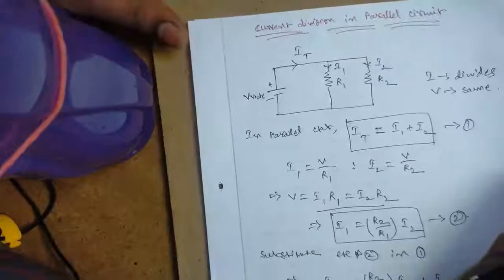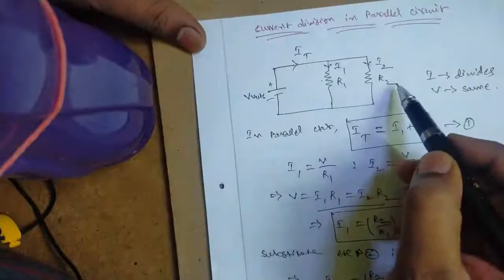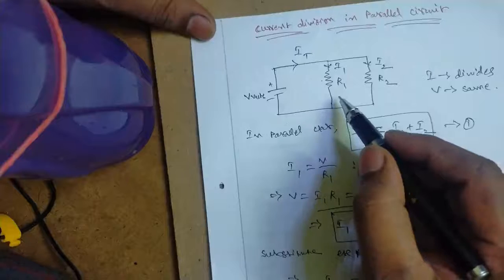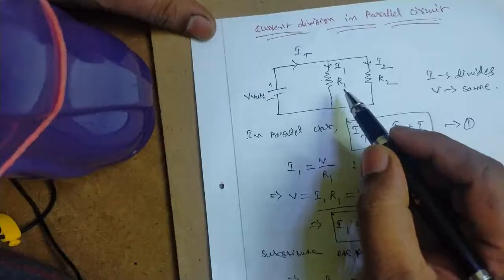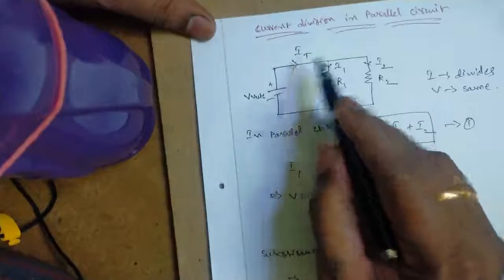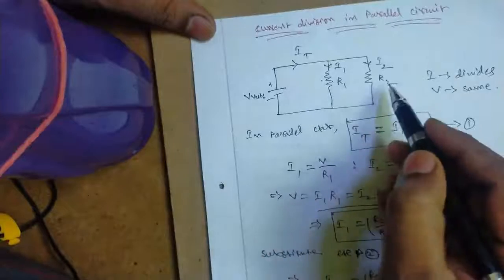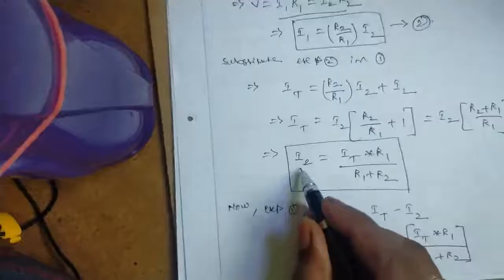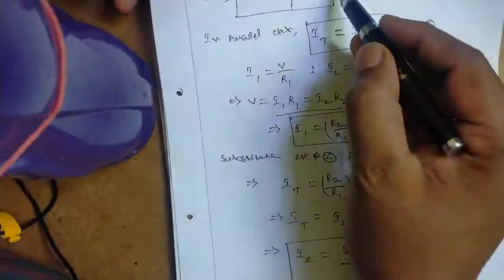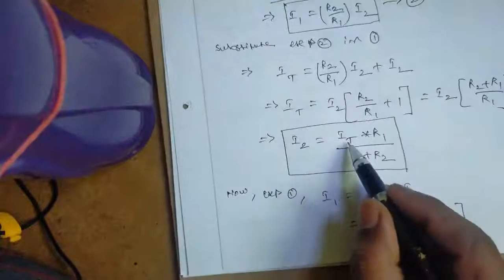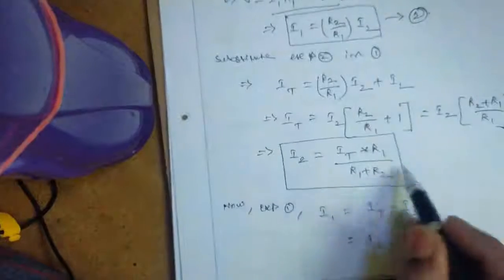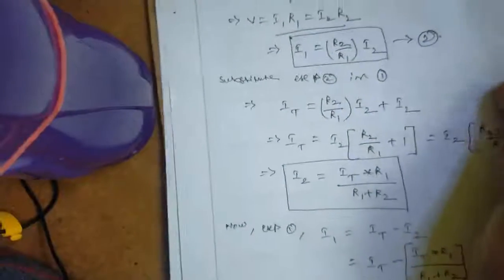In general, if two resistors are connected in parallel, current divides, and the current passing through one resistance is equal to the total current multiplied by the other resistance divided by the total resistance. See here the I2 expression. I2 is the current passing through resistor 2, that is equal to total current into the other branch resistance, that is R1, divided by the total resistance.